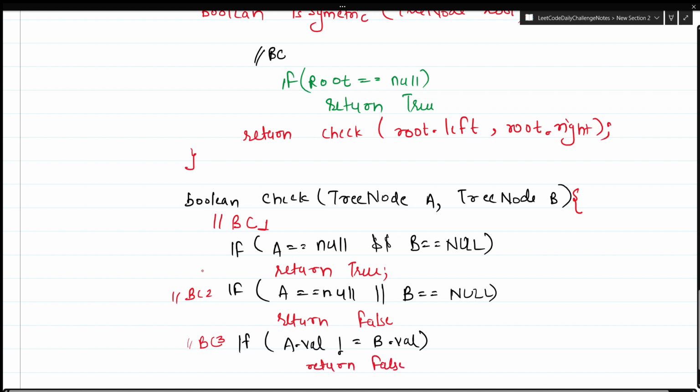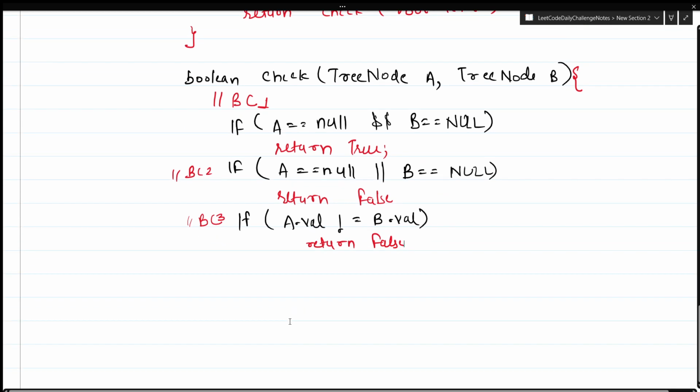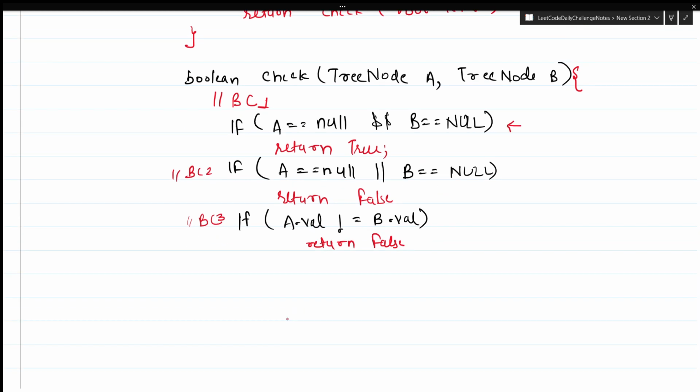Okay. As you can see here, I am checking step by step. First, I checked whether both A and B are null. Then I check if one of the elements is null, then I check if one root value is not equal to the other root value.